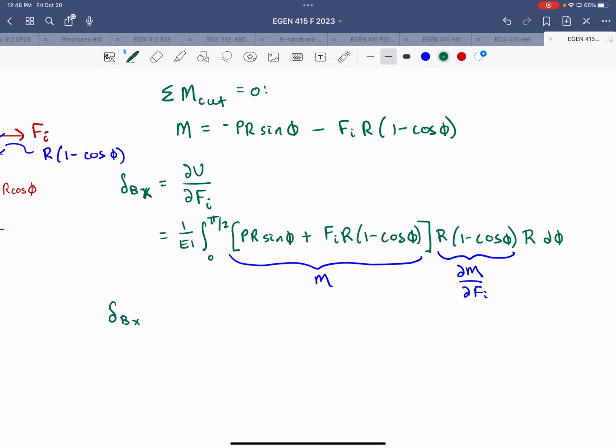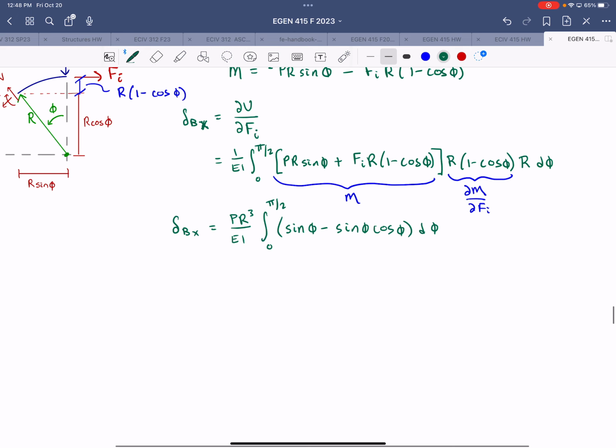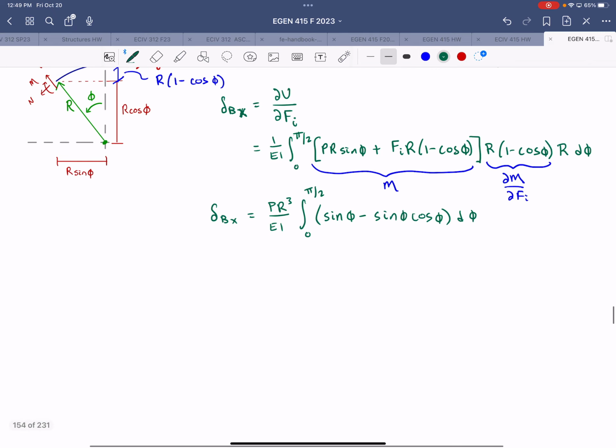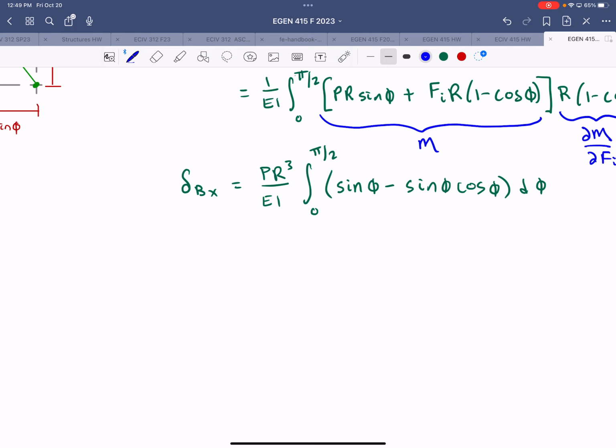So we have delta Bx is PR cubed over EI times the integral from 0 to pi over 2. Can't read my own writing there. And then we're left with sine of phi minus sine of phi times cosine of phi inside that integral. Yep, more trig identities are coming your way. Sorry to break it to you.